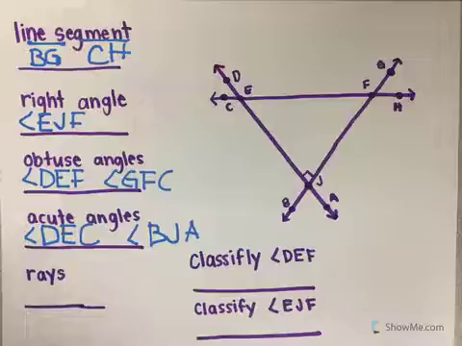Okay, now rays. What do we know about rays? They have a point on one end and then an arrow on the other. Yes, they have a point, and then they have an arrow that goes on and on and on. So who can identify a ray from the picture? J, A. Yes, good. You guys combined those thoughts. J-A. Now, can I just write it like this?